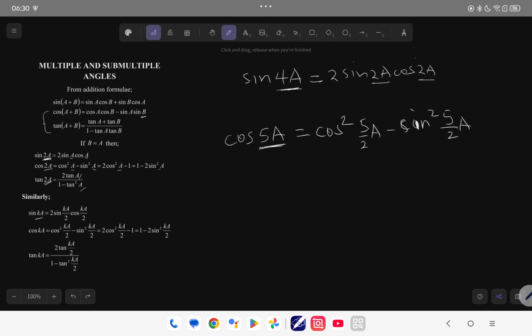So the concept is getting half of what is on the left. This also applies to the other ones when you are trying to bring it in terms of cos squared and sin squared only. Now, what if we have tan of, for example, theta?